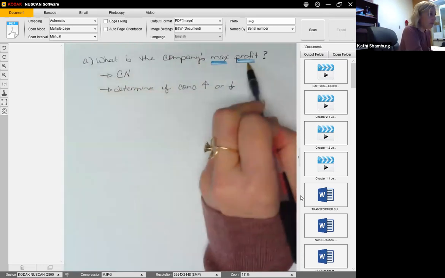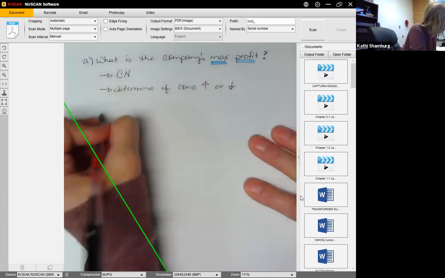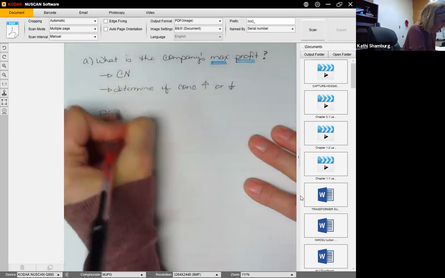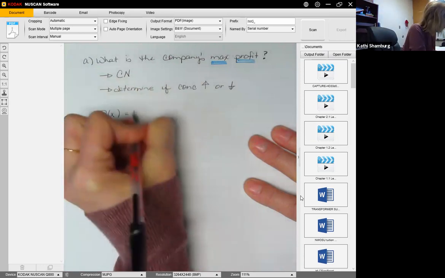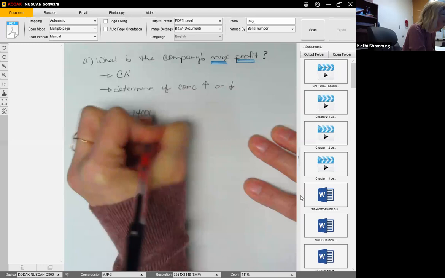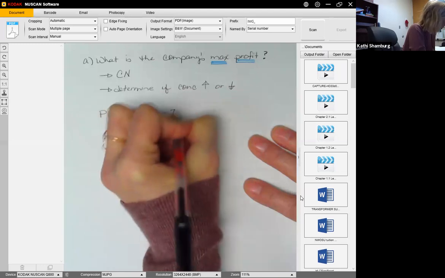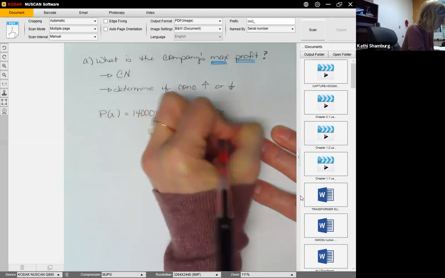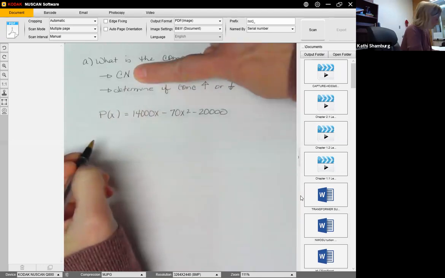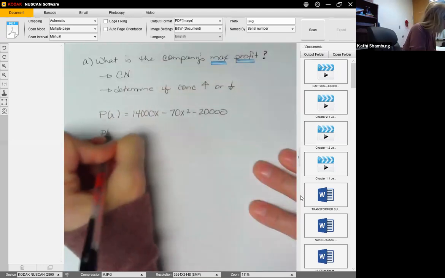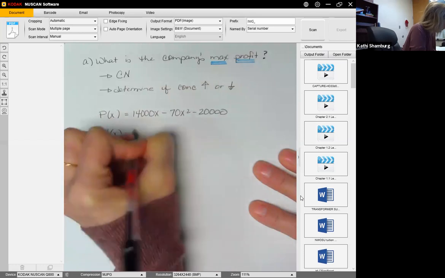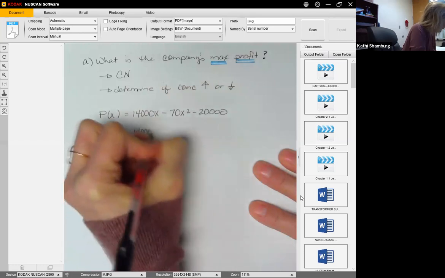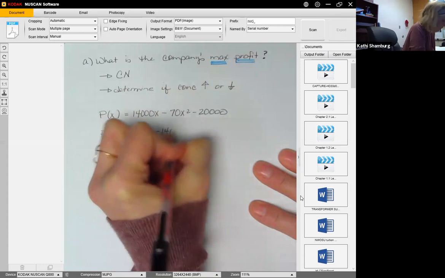And this is profit. So we are going to use our profit function that we created, which was 14,000x minus 70x squared minus 20,000. So to find the critical number, we're going to take the first derivative, which is 14,000 minus 140x.